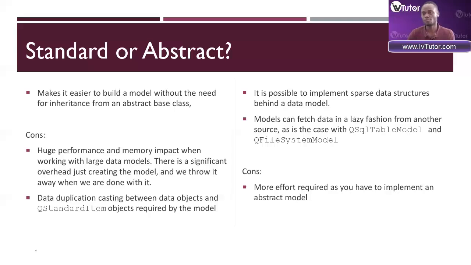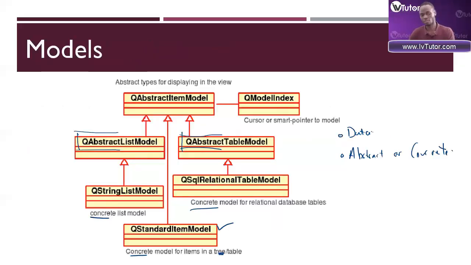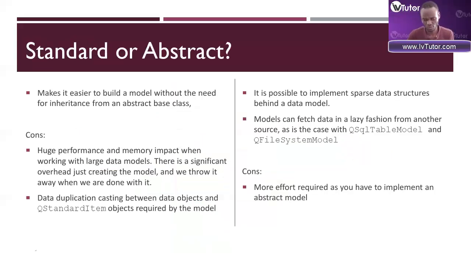So examples of such models would be the QSqlTableModel or the QFileSystemModel, which I mentioned before and said it's not part of the diagram we were looking at here, but it's also another model that we find in the Qt framework. So depending on your requirements, if you're dealing with a larger data set, if you want to implement your own features, then you can inherit from an abstract model and implement it on your own.